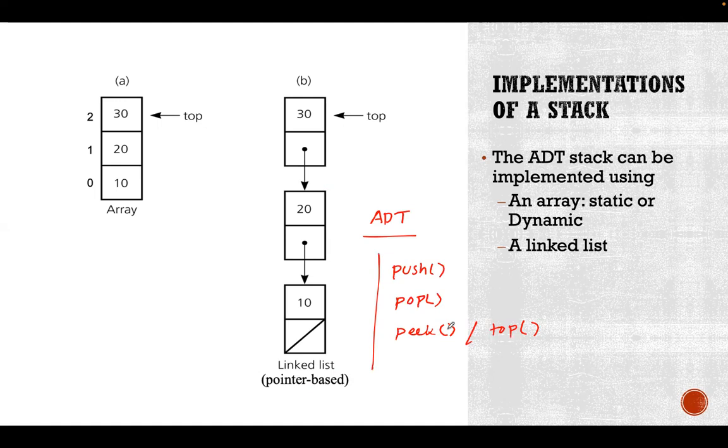Just remember, peek or top will not modify the current stack; it will just return the item at the top. We can also check whether the stack is empty or not. Preferably, we want to implement each operation with order of one runtime. We are going to look at different types of implementation in our next segment.